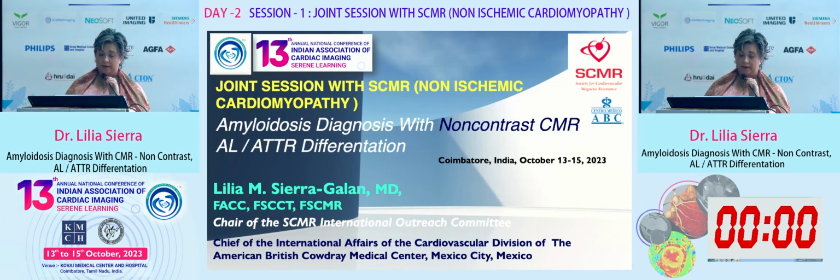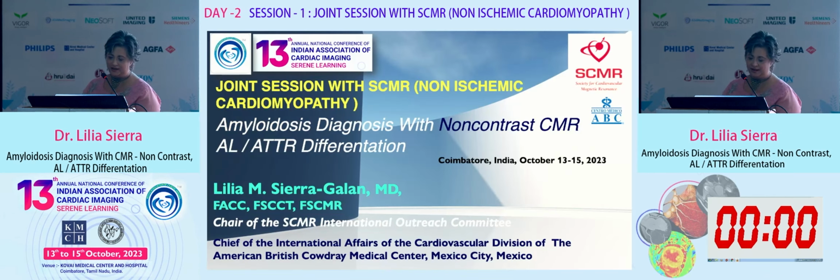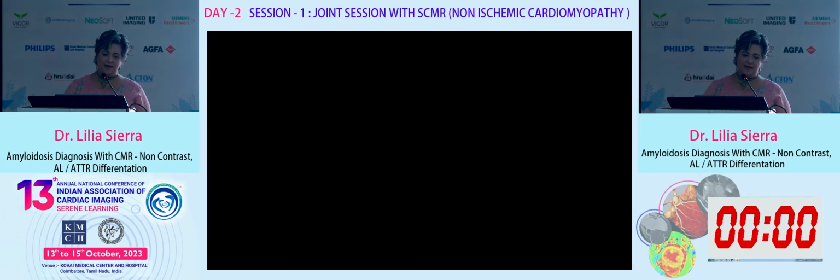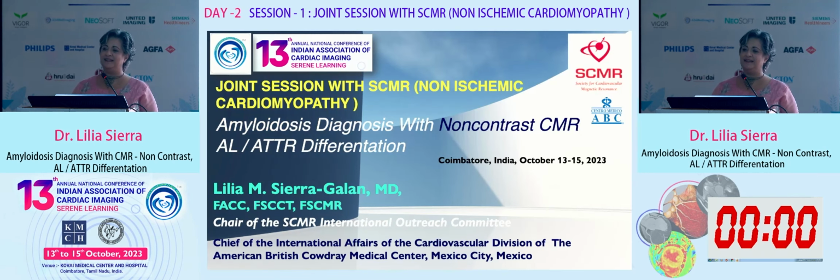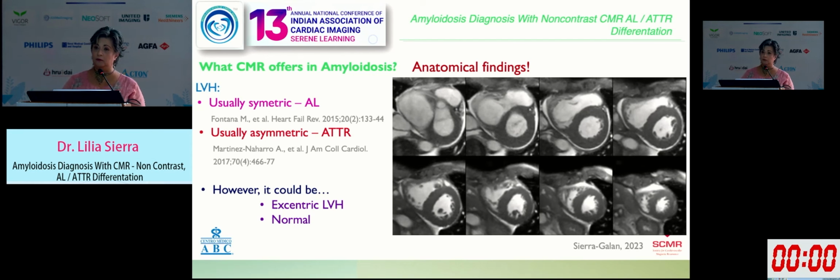So thank you again for this invitation. I'm going to talk about the differentiation between AL and ATTR amyloidosis with non-contrast CMR. Wall thickening is more asymmetric for ATTR, but it could be eccentric or could be normal.